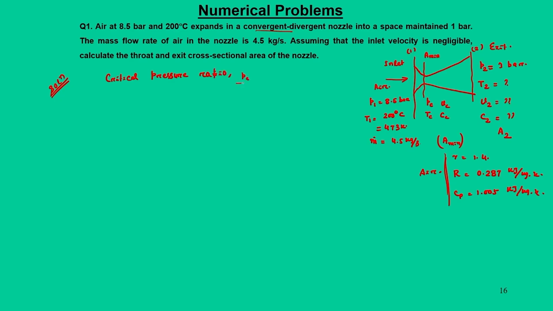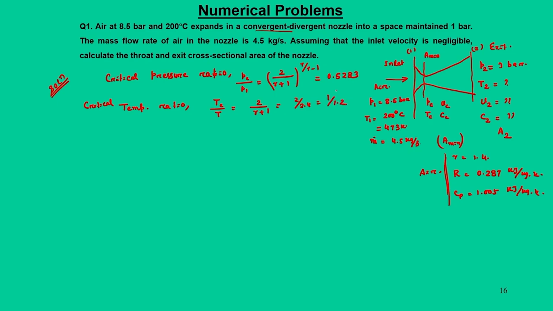So, we say Pc by P1 is equal to (2 by gamma plus 1) to the power gamma by gamma minus 1. Now, when you put gamma equal to 1.4, this ratio becomes 0.5283. Similarly, for the critical temperature ratio, we can find Tc by T1 equal to 2 by gamma plus 1, and this number is 2 by 2.4 or 1 by 1.2.